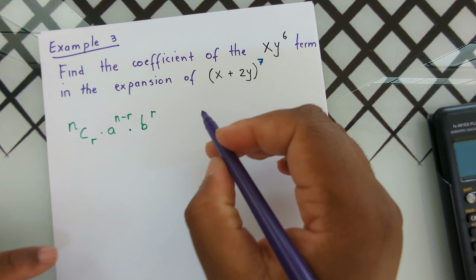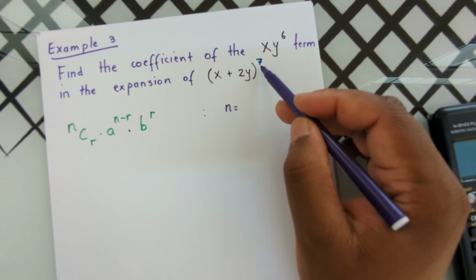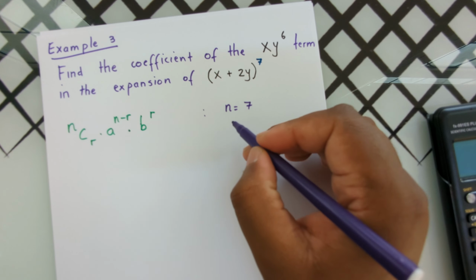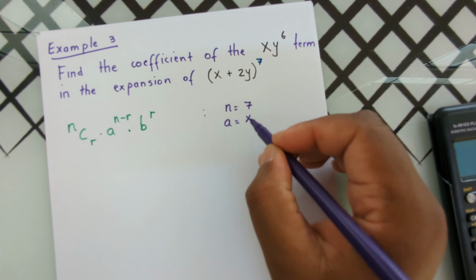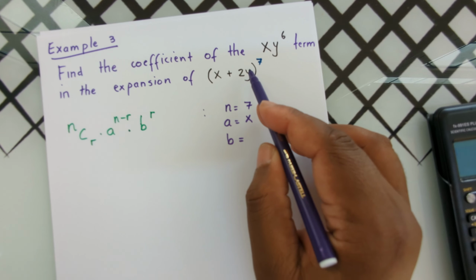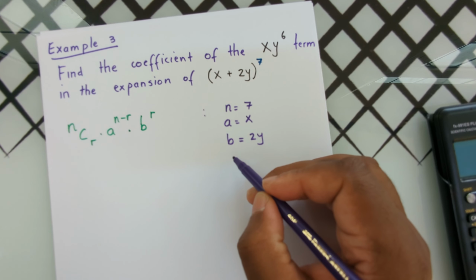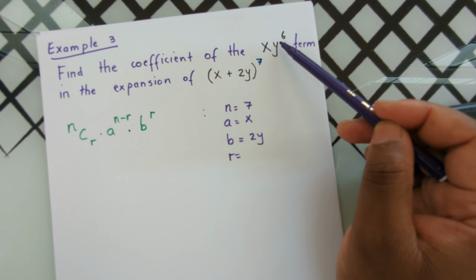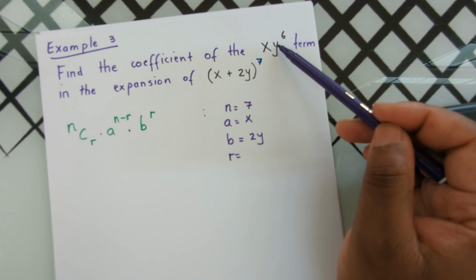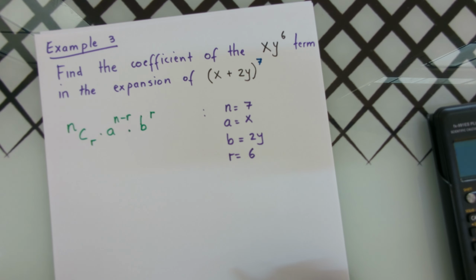So our n, in this example, is the given exponent, which is 7. Our a is the first term inside the brackets, which is x. Our b will be the second term inside the brackets, which is positive 2y. And our r will be the exponent of the variable on the right side in the given question. So we have y to the power 6. So our r is 6.